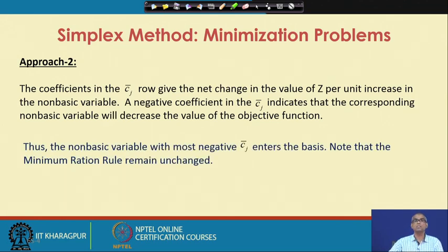So, thus, while solving a minimization problem, the non-basic variable with most negative Cj bar should be chosen to enter the basis. In case of maximization problem, we have seen that the non-basic variable with most positive Cj bar will enter the basis.